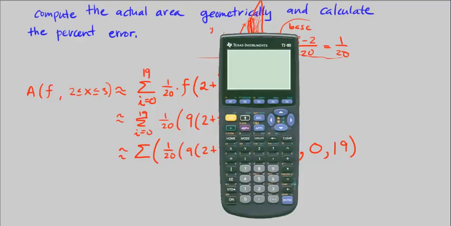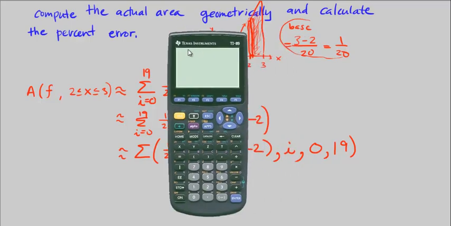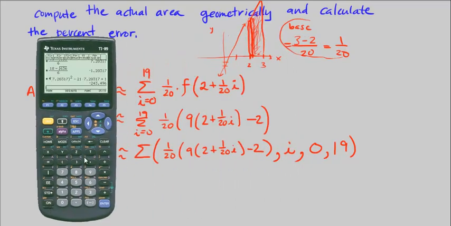So let's plug this into our calculator. Turn on your calculator. How do we get the sum? We'll go to catalog and scroll up until you get to the sum. Here we go, I just passed it. Sum. It even says in there expression, variable, low, high.